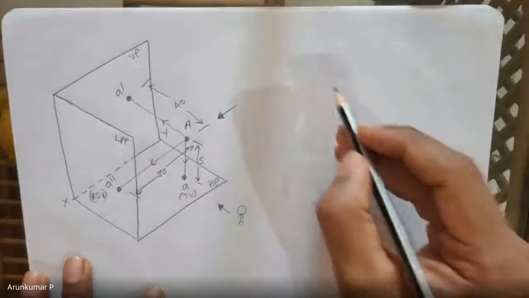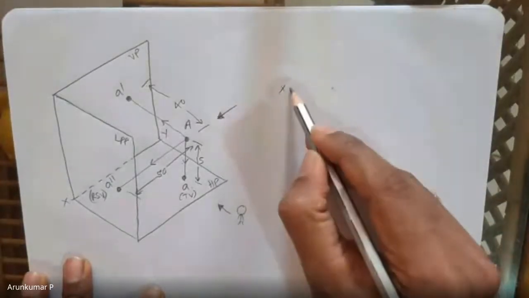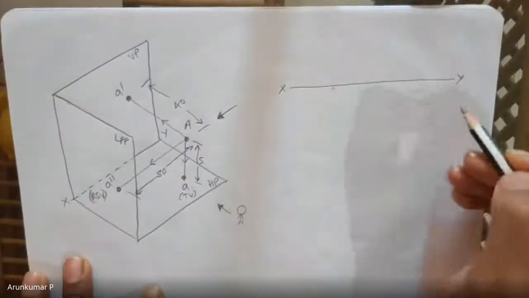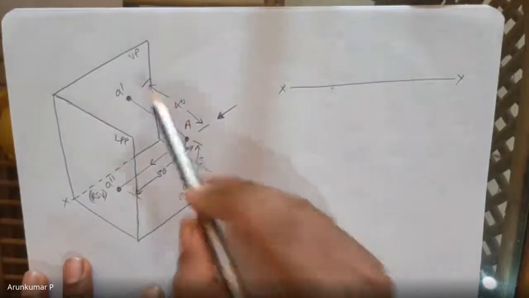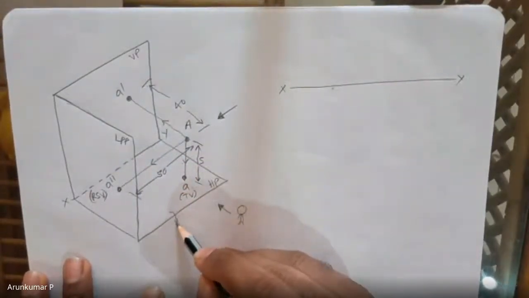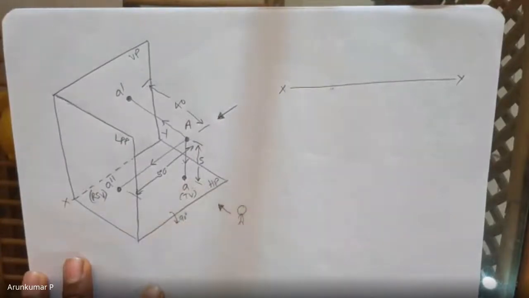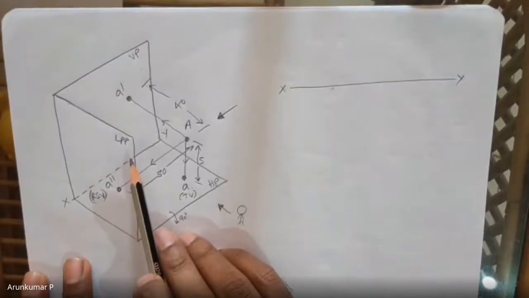Next, the location of planes. So XY line. We know the rule, keep VP fixed, rotate HP 90 degrees in the clockwise direction. Now, LPP, the left profile plane.